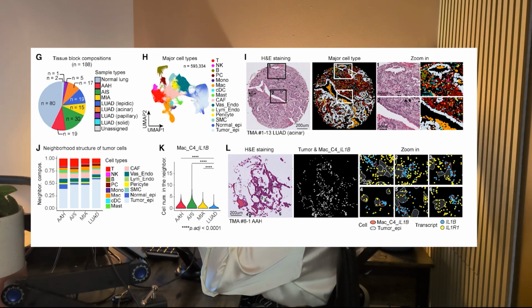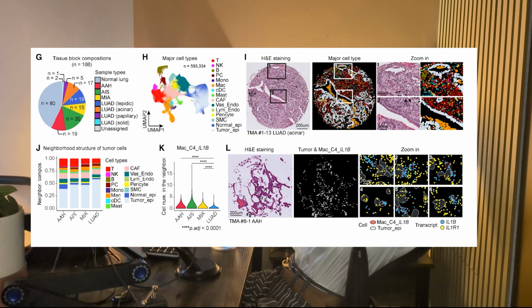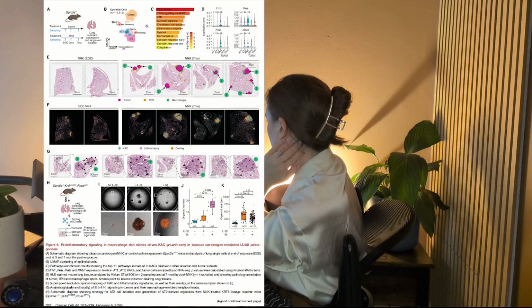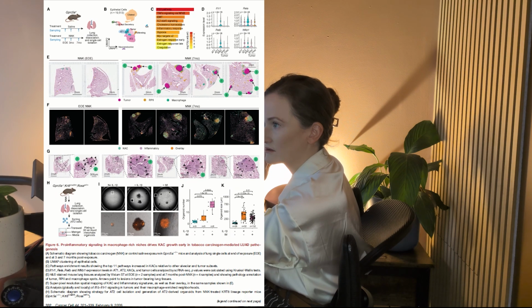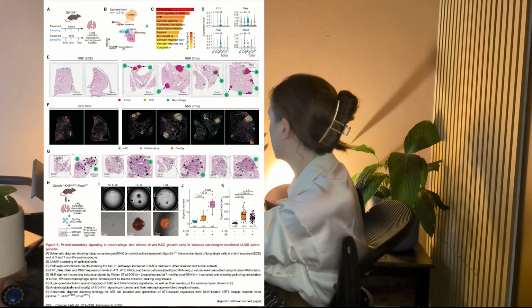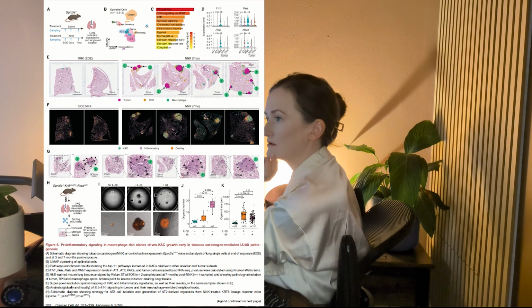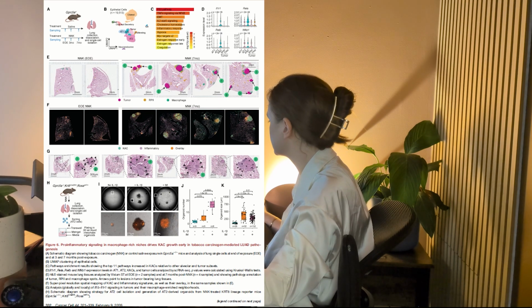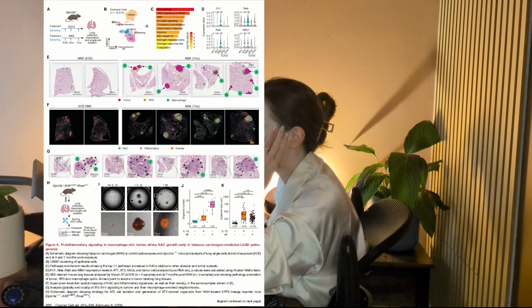Across dozens of lesions, precursor regions consistently show more IL-1 beta high macrophages, more IL-1R1 positive epithelial cells, and tighter epithelial immune neighborhoods than invasive LUAD. Figure 5 confirms at true single-cell resolution that early LUAD precursors are defined by tightly organized epithelial pro-inflammatory niches centered on IL-1 beta producing macrophages and IL-1R1 positive alveolar intermediates.